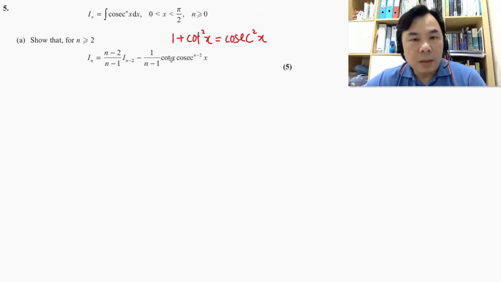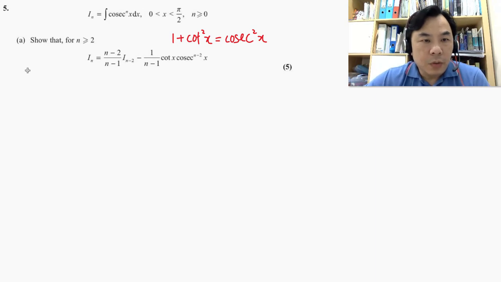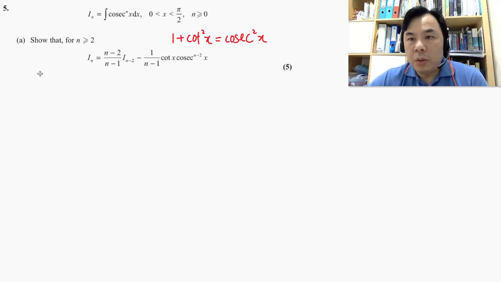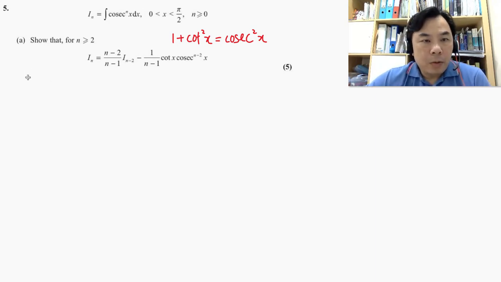Other than that, we also need a few results that we can obtain from differentiation. The first one is the differentiation of cosecant x.